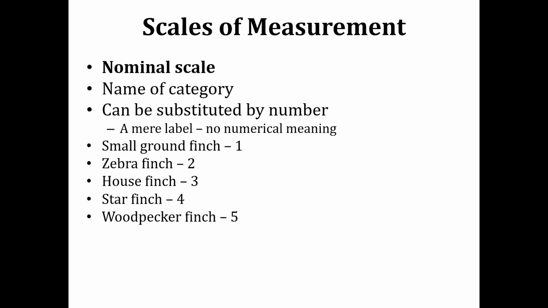If you find it hard to write down the complete name every time, you can just write down their label, which can be 1 or A, 2 or B, 3 or C, 4 or D, or 5 or E. So these are only categories that don't have any numerical significance to them.